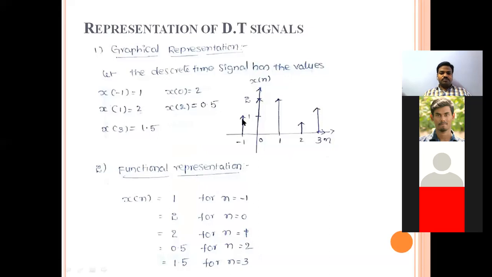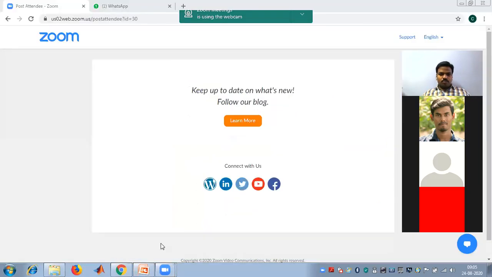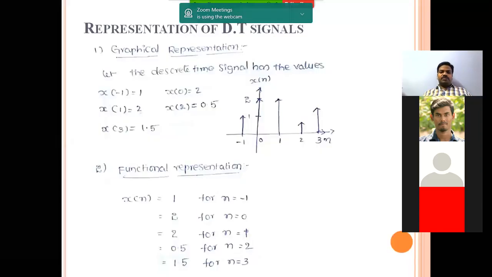Till now, we have seen only the continuous time signals and how they are classified, how many types of continuous time signals are available, and so many test signals which are easily generated in our laboratories.